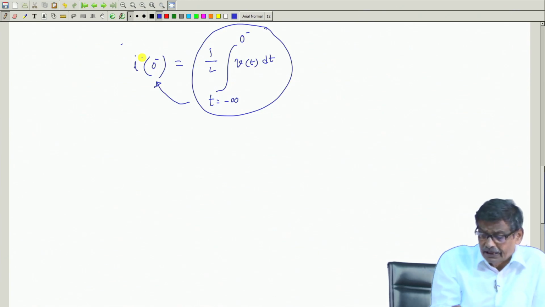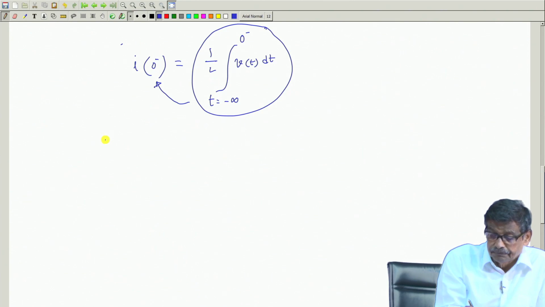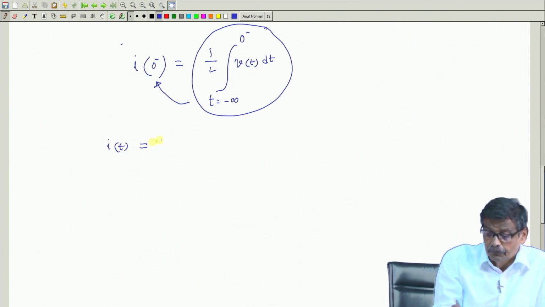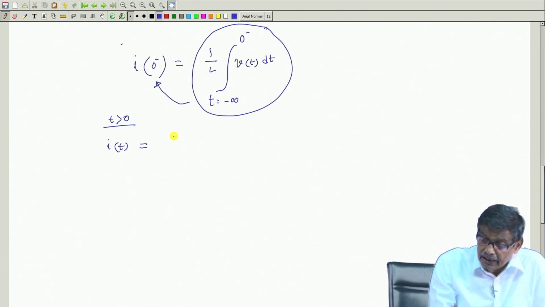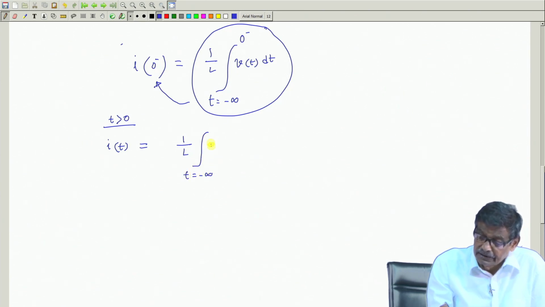In other words, the current through the inductor at any time t, for t greater than 0, suppose at t equal to 0 I am doing something, will be equal to 1 by L, integral from t equal to minus infinity to t of V t dt.